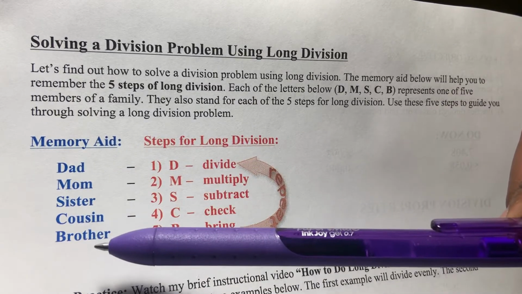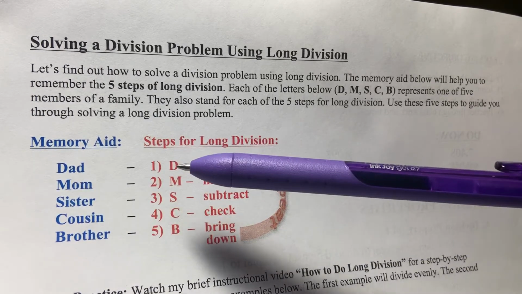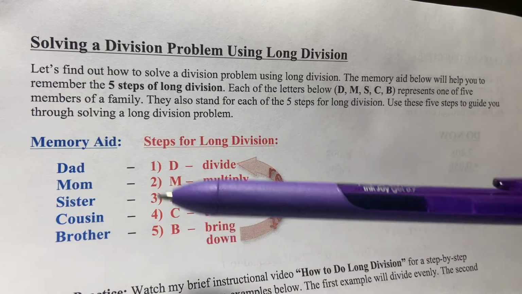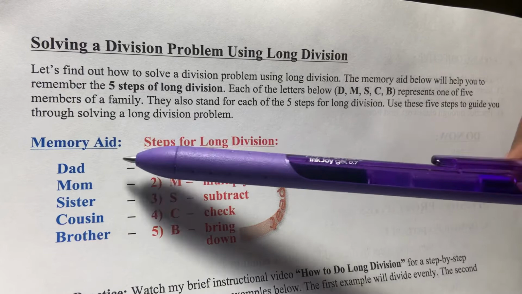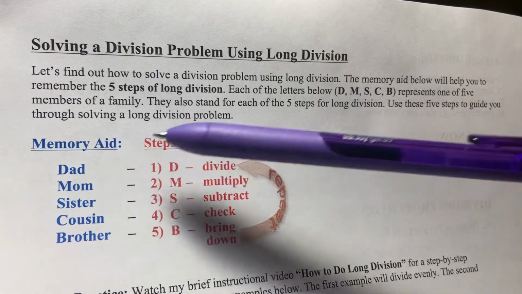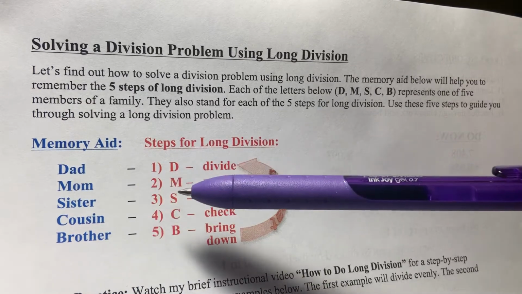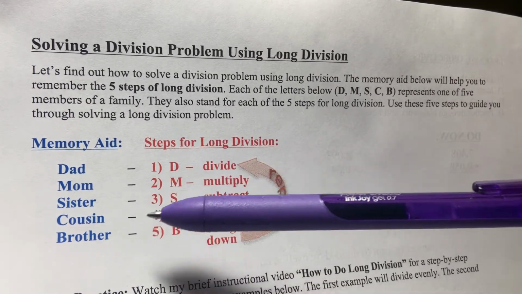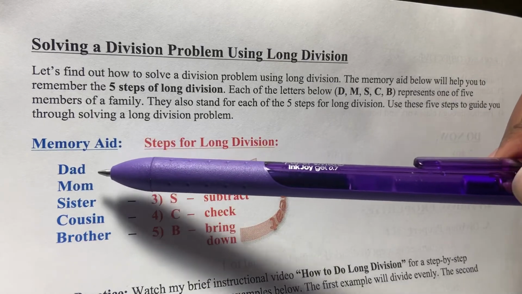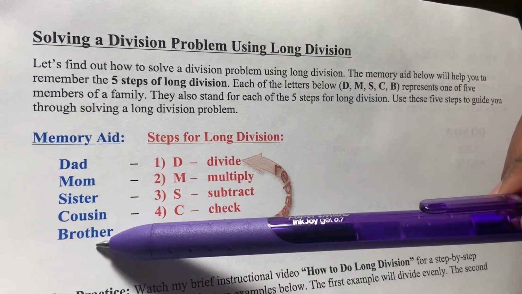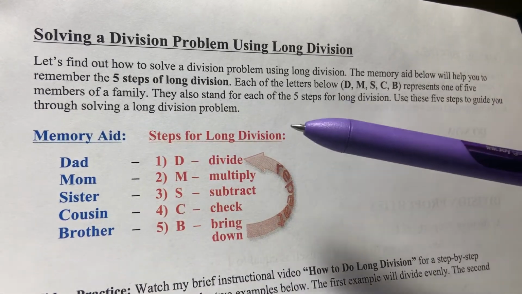Instead of a sentence like, please excuse my dear Aunt Sally, each of these 5 letters represents a family member. So D stands for dad, right? Or you can say, dad stands for D, mom stands for M, sister stands for S, cousin stands for C, and brother stands for B, right? So if you can remember dad, mom, sister, cousin, brother in this order, then you can remember the steps for long division.